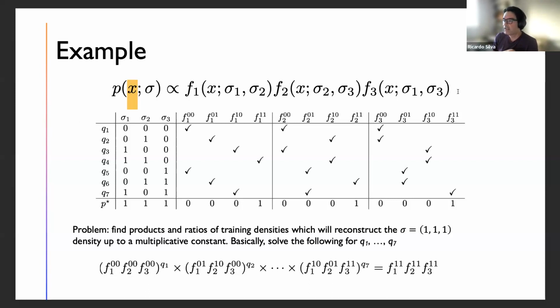So what do I mean by that? If they're all binary, for the sake of this example, you can think of this factor here, for instance, as just a symbol that takes different instances depending on the values of sigma 1, sigma 2. So if sigma 1 and 2 are binary, this would be one of 4 possible symbols depending on the state of sigma 1, sigma 2.